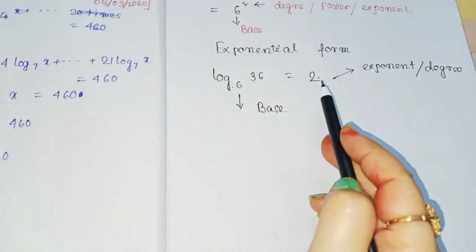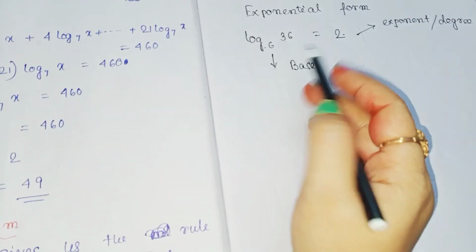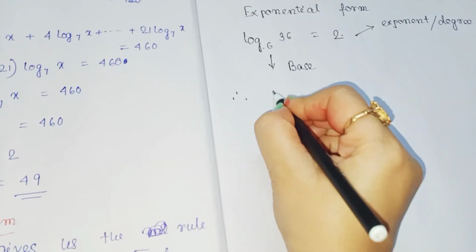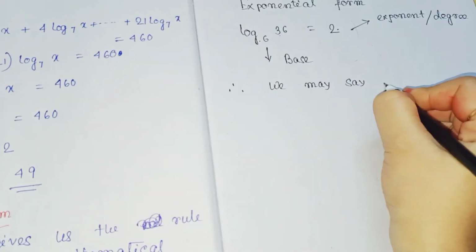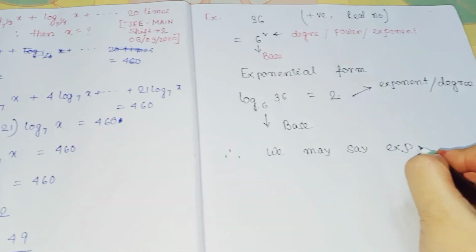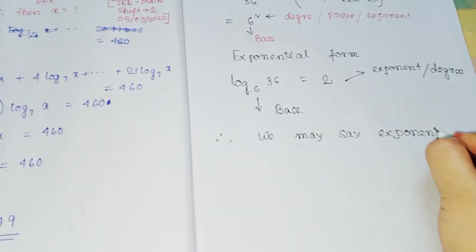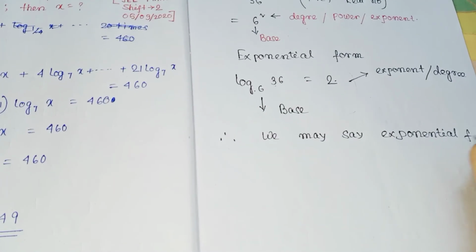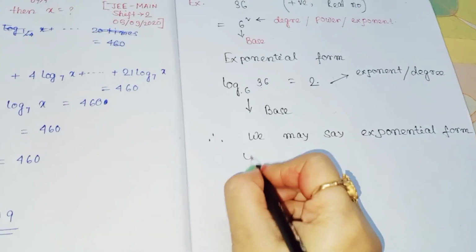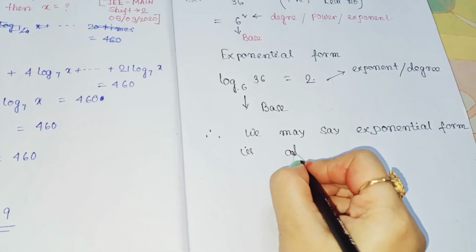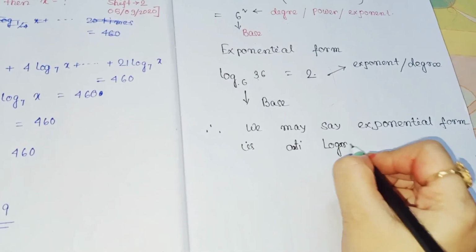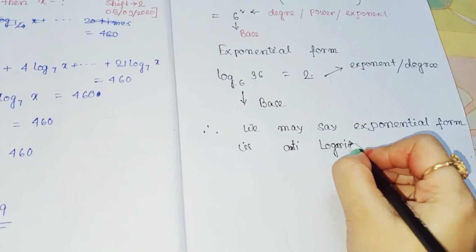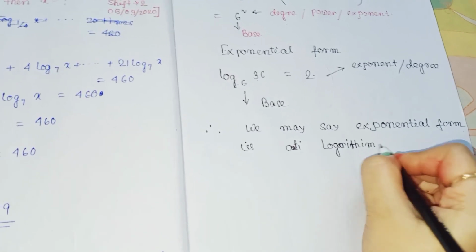Is it clear? So it is the antilog. Therefore we may say the exponential form is the anti-logarithmic form.